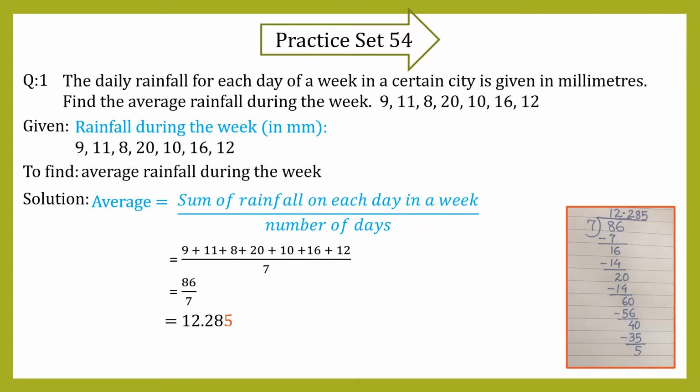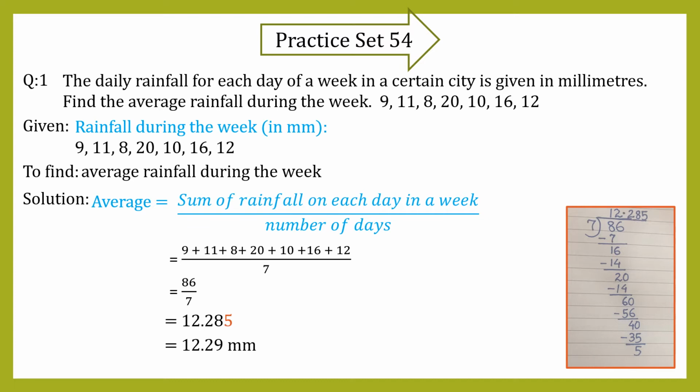The third digit is 5. So when we drop this, we need to add 1 to the previous digit. The previous digit is 8. 8 plus 1 is 9. So our answer will be 12.29 and the unit is millimeters.